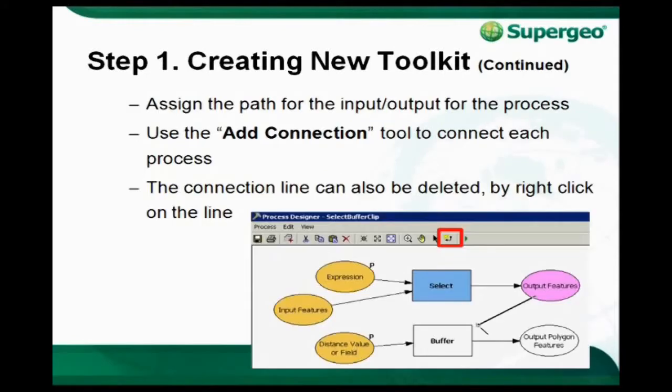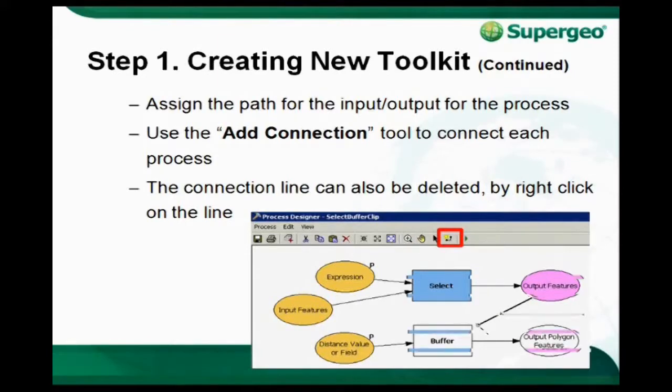And for the Add Connection tool, once you want to use an output of the previous analysis result as an input for the next process, just as the figure shows in the slide. For example, using the output data from the select function as the input to do buffer analysis. You can draw a line directly in the window to connect the two items.